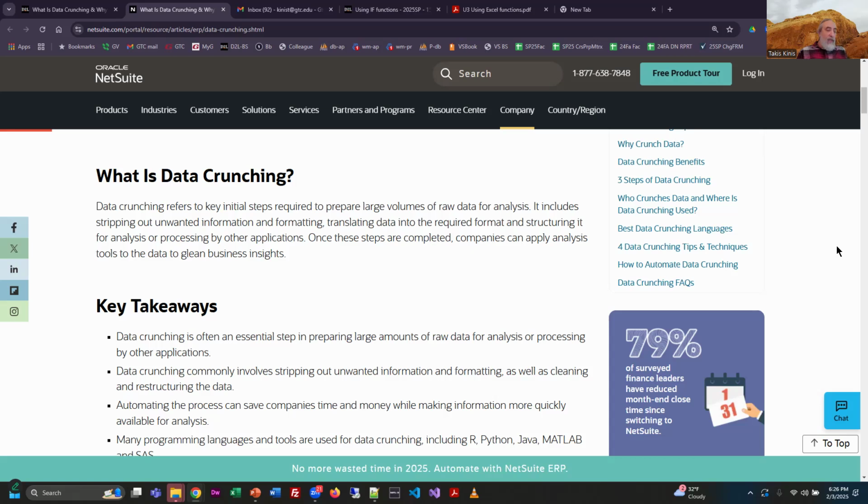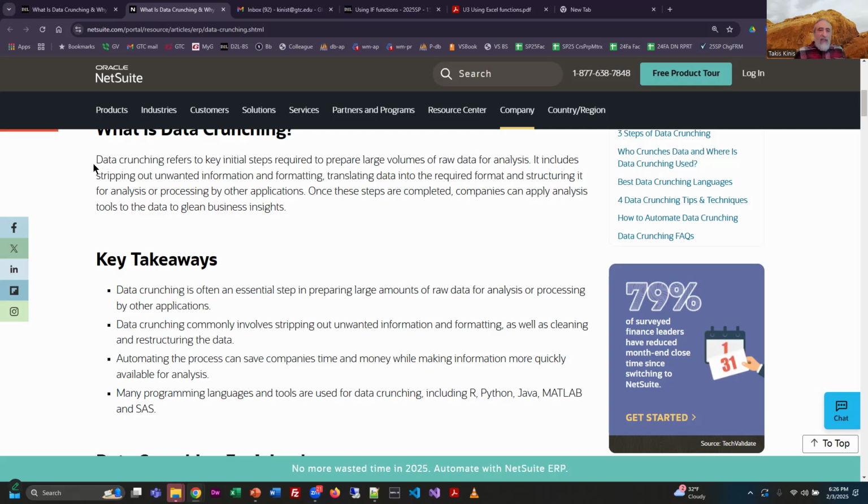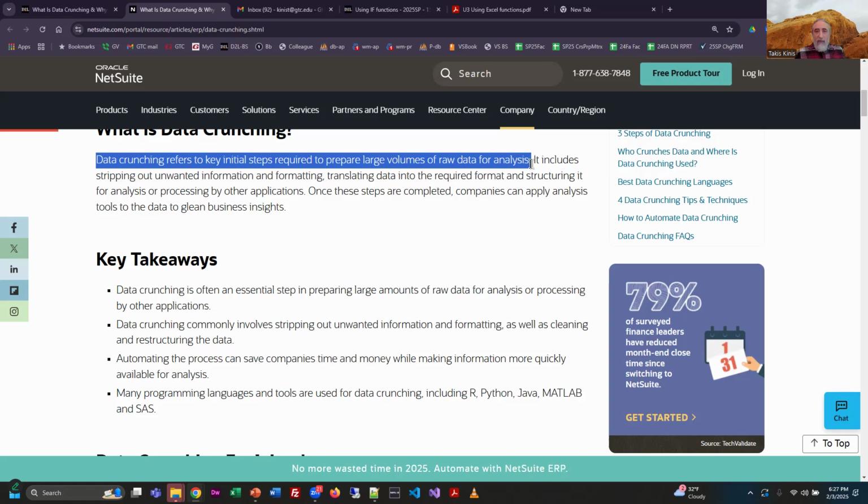So one of the things, and I'll let you look at these first few bullets here, is how they refer to the initial data crunching: it refers to the initial key steps required to prepare large volumes of raw data for analysis. So just because you get a data dump from a device or a database or whatever, it doesn't mean it's ready for analysis right off the bat.